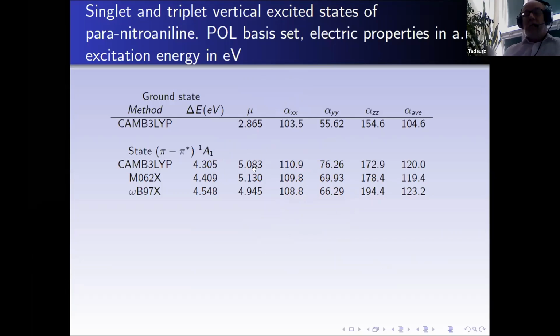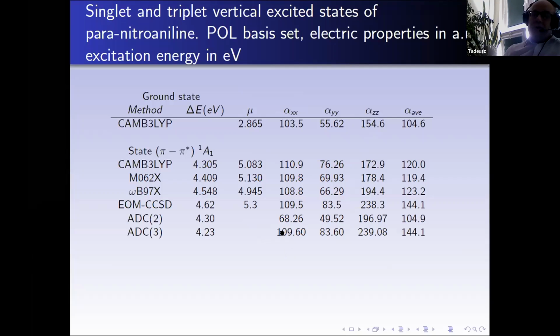We see that in this excited state, there is a dramatic increase of the dipole moment. Now the dipole moment is over 12 debyes for those who prefer these old-fashioned units. And we see that this z component along the charge transfer axis, now our functionals differ a little bit. Well, maybe not a little bit, they differ.